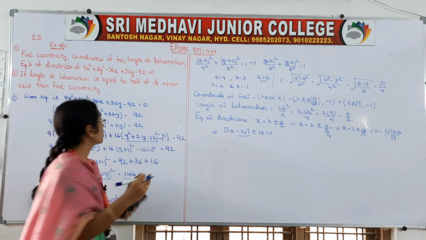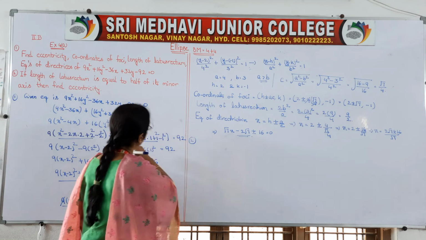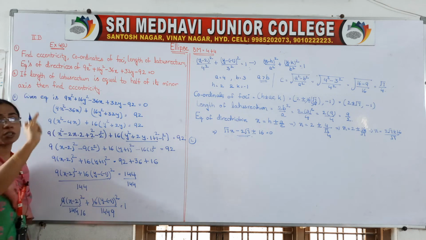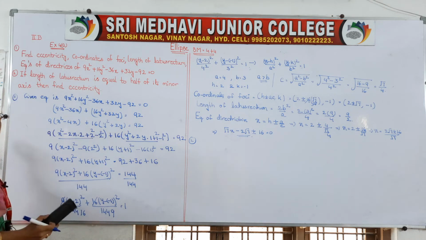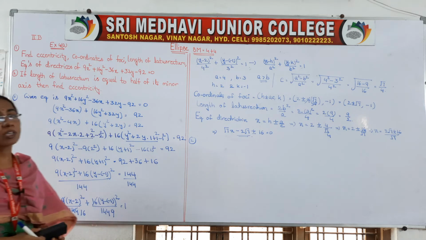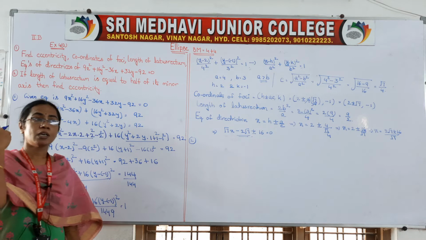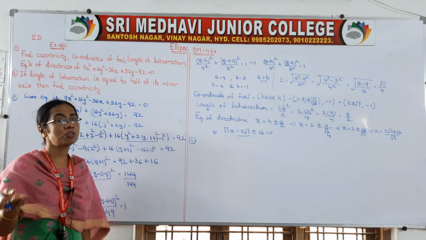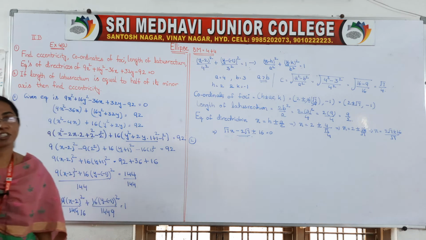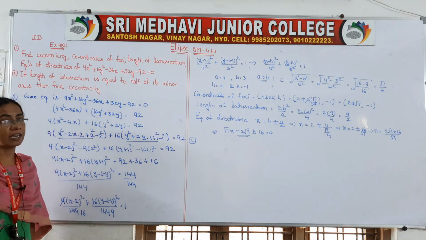Now come to the second question. What is your second question? If the length of latus rectum is equal to half of its minor axis, then find the eccentricity. If no ellipse equation is mentioned, we have to take the standard ellipse equation as the given equation. So here the information is with respect to the standard ellipse.